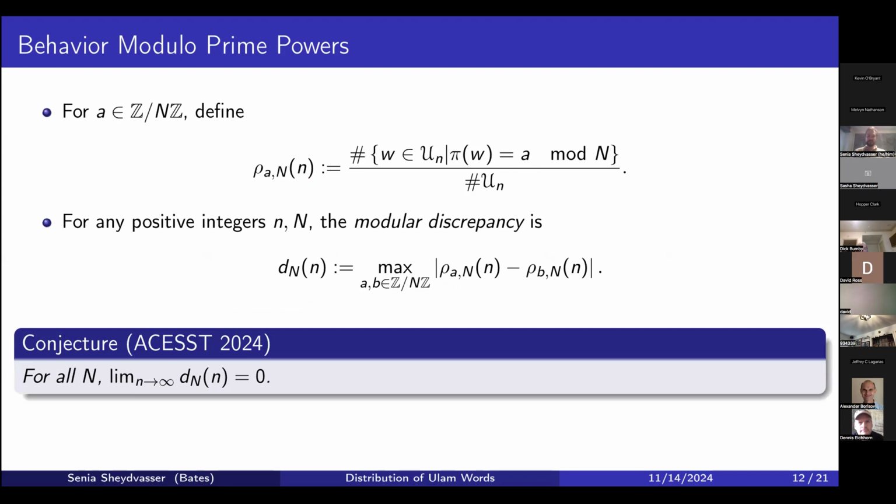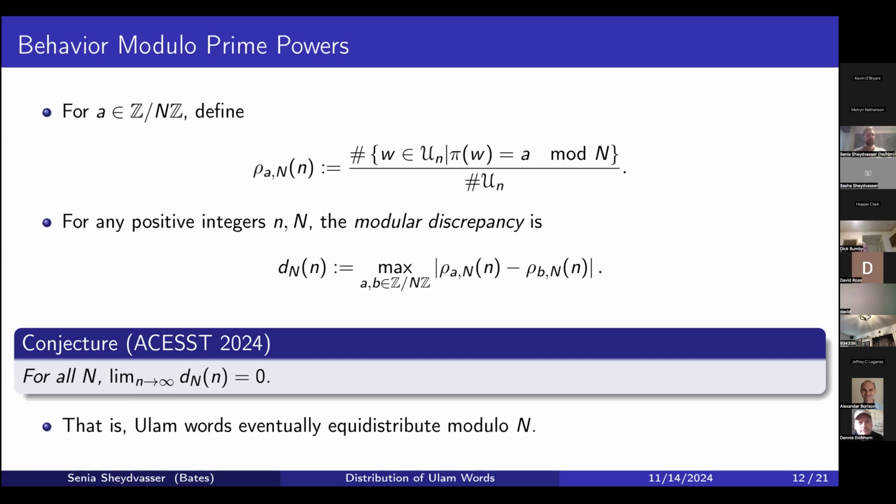And so this is exactly our conjecture: that as your words get longer and longer, eventually Ulam words begin to equidistribute modulo n, regardless of what this modulus is.